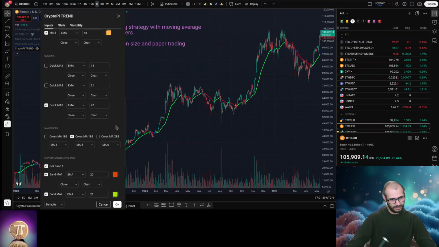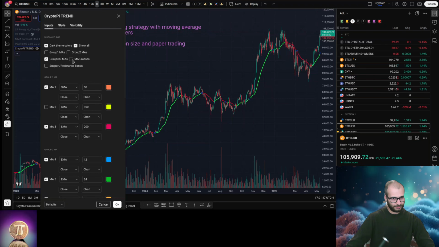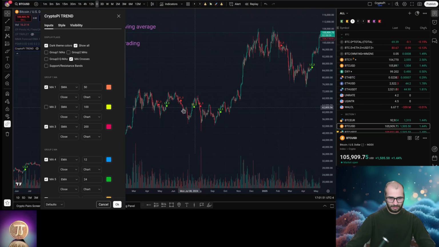And there is one more thing, which are the MA crosses, and that is, if I would switch on MA crosses, we will see here that it is S13 or L13.